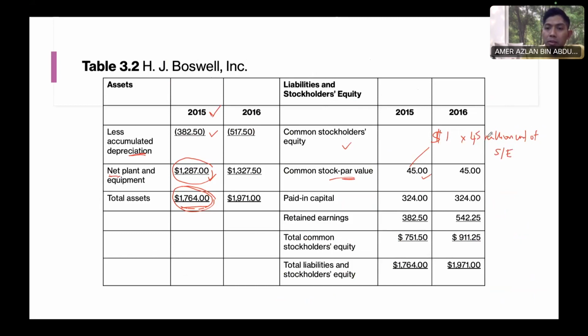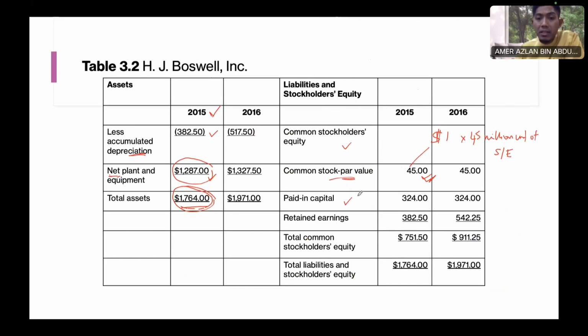So $1 times 45 million units, this is where you get $45 million of common stock par value. Other than that, HJ Boswell has also paid-in capital.